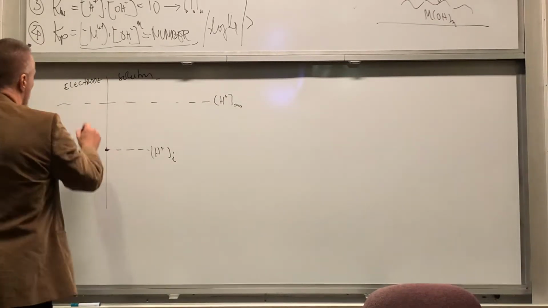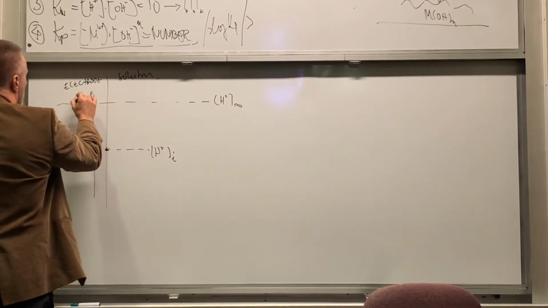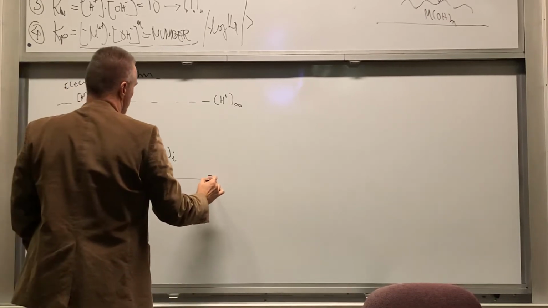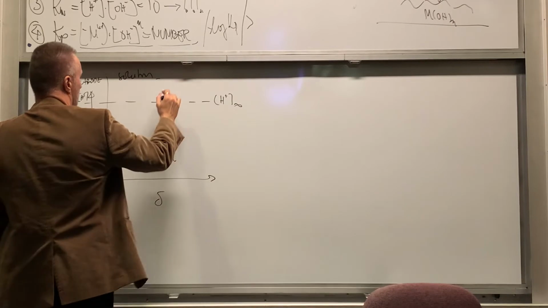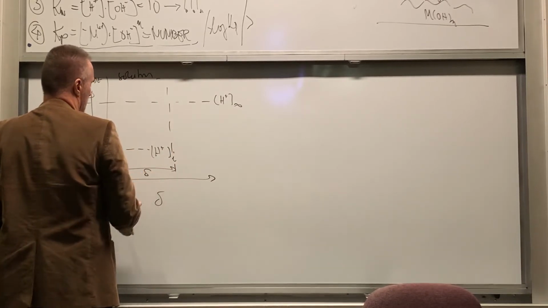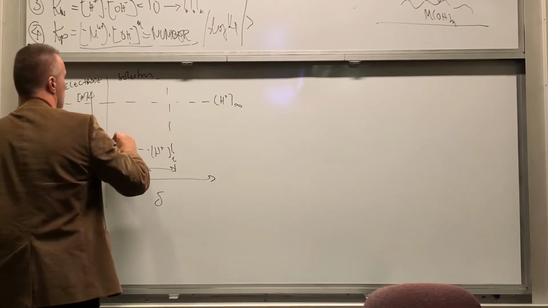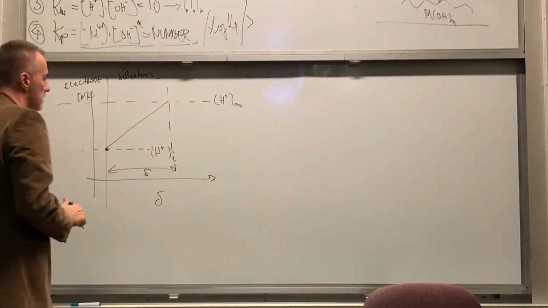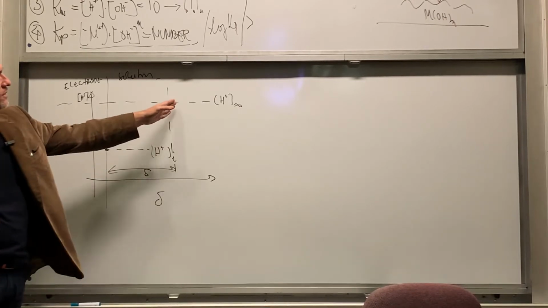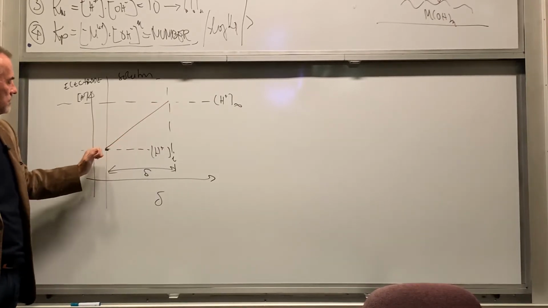And if I think about generating a diagram where this is H plus and this is some delta, this will be basically diffusion layer thickness. There will be a gradient in concentration of hydrogen plus ions as we go from the bulk through the diffusion layer to the electrode surface.